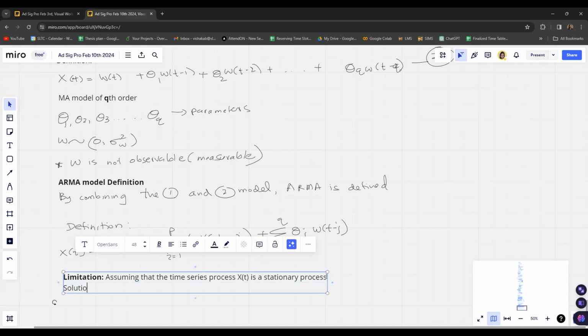So the solution will be models that consider the effect of non-stationary processes also during the time series analysis.